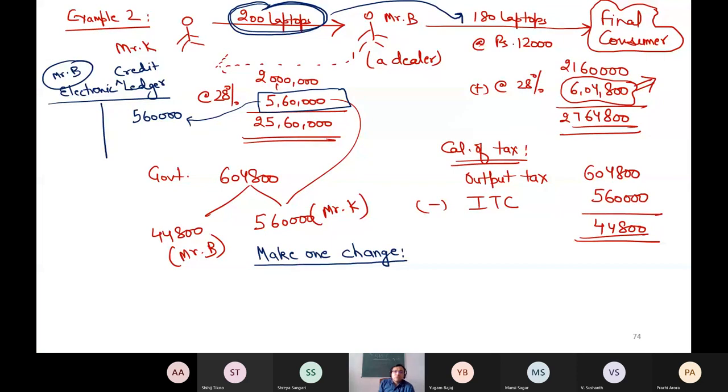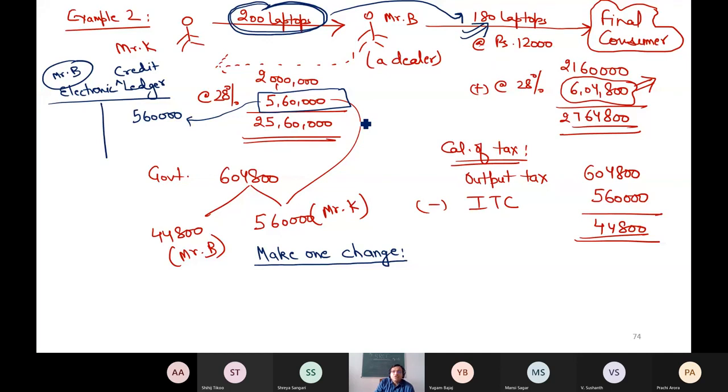That when you sell the same laptop only then ITC is allowed. No, answer is no. If ITC is allowed, then it is allowed even for other supply of goods also. Now what I am doing, out of 200, I have sold 180 here. But still I have taken entire ITC. As you can see, I have taken entire ITC.